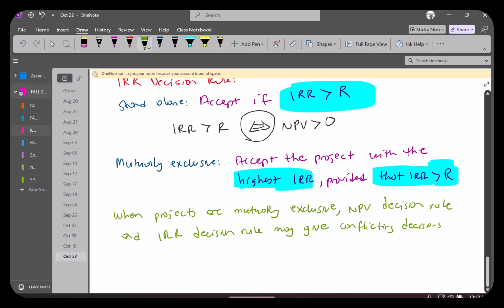For standalone, they will give exactly the same decision. If a project is acceptable by itself by NPV, it is acceptable by itself using IRR, provided the cash flows are conventional.